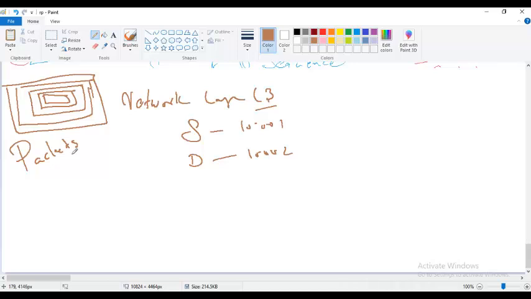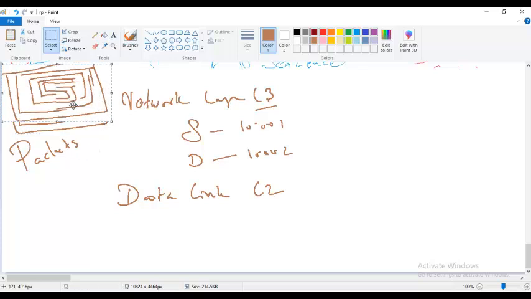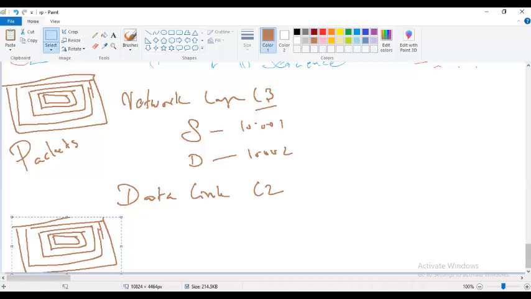Now the packet goes to the data link layer, which is layer 2. That is where our packet gets another layer called source and destination MAC address.